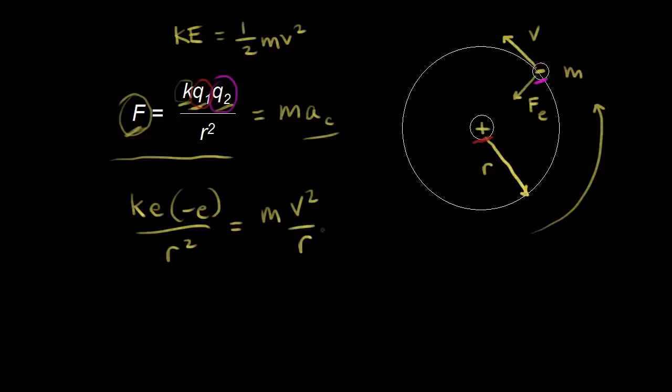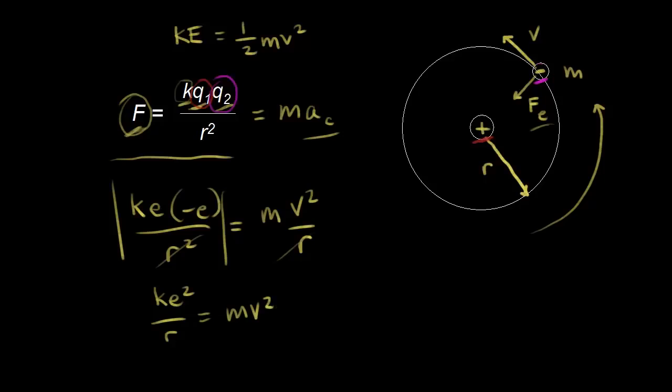We did this in a previous video. We're going to do the exact same thing we did before. We only care about the magnitude of the electric force because we already know the direction is always going to be towards the center. And therefore, we don't care about this negative sign here. We can also cancel one of the r's. So if we only care about the magnitude, on the left side we get ke squared over r is equal to mv squared on the right side.